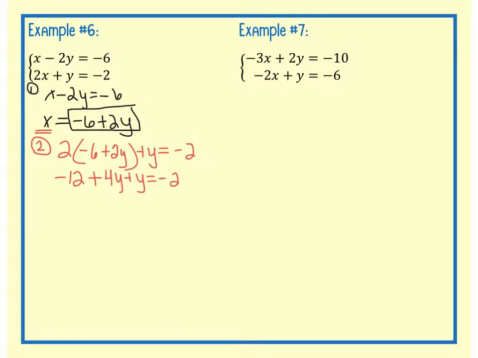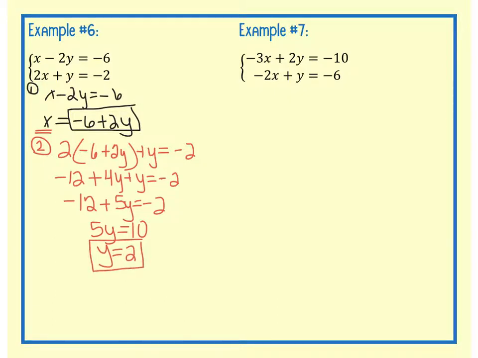Next is combine like terms. Then I add 12 to both sides. Then the next step is to divide by 5. And you have solved for your first variable.